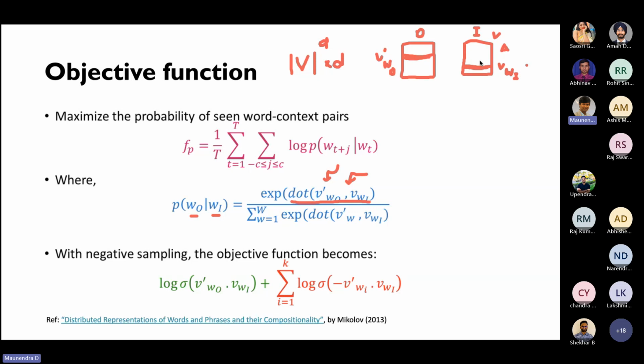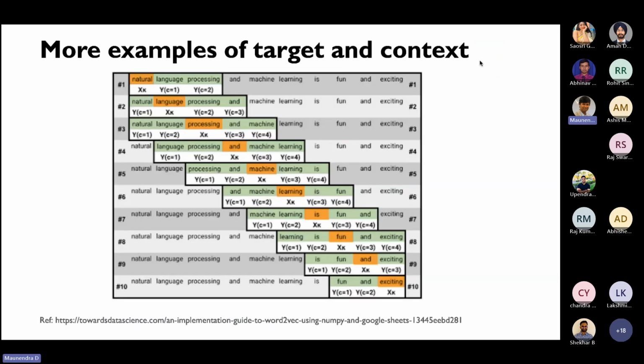Okay, let me look here. So suppose this is one sentence that we have. It says natural language processing and machine learning is fun and exciting. So we'll have a sliding window of size 5. The first word will get a chance to be the center word. Before this there is nothing, so our left context will be blank.